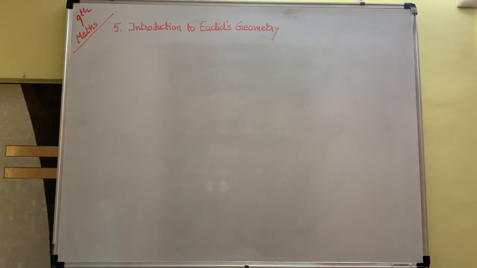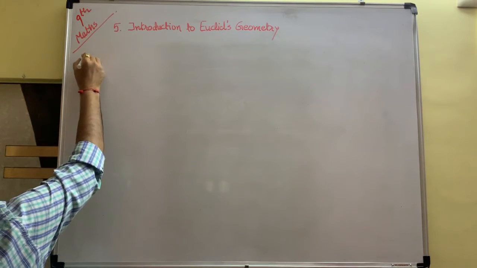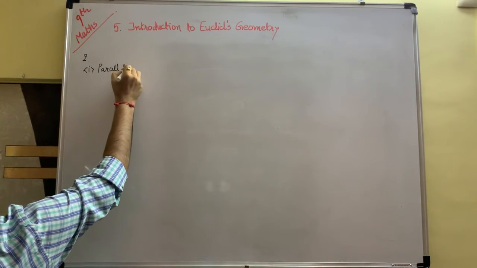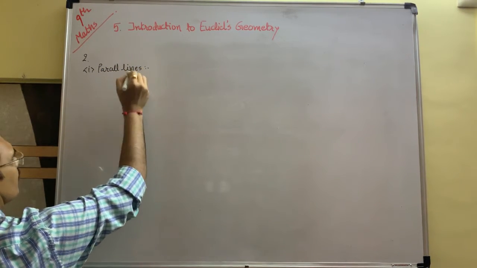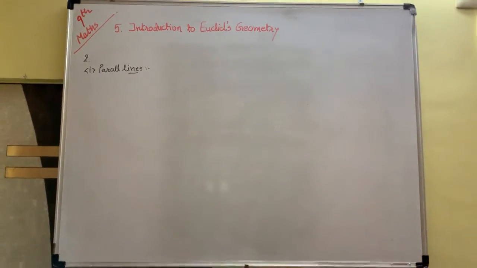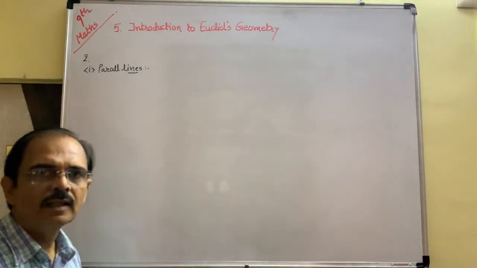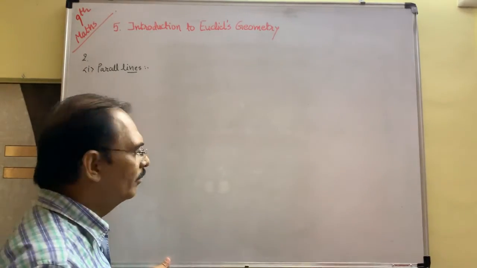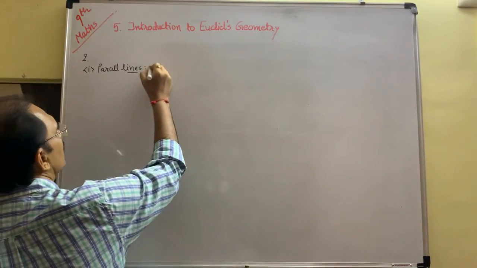The first is parallel lines. What do you mean by parallel lines? The lines which do not intersect and are found in the same plane. If they are coplanar, meaning in the same plane, then it is important.